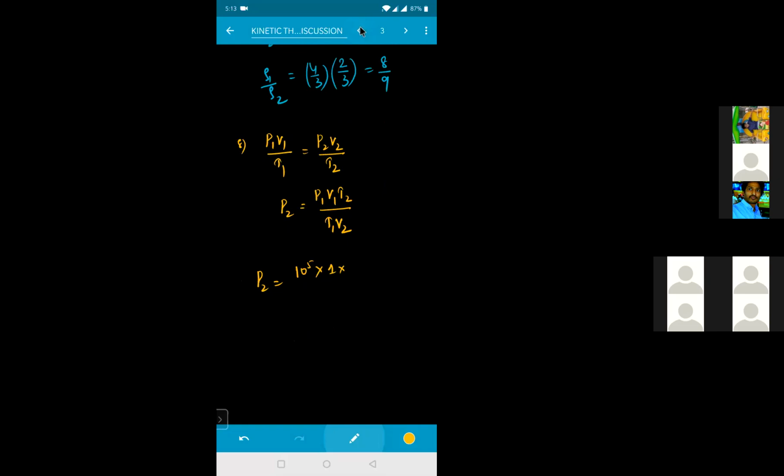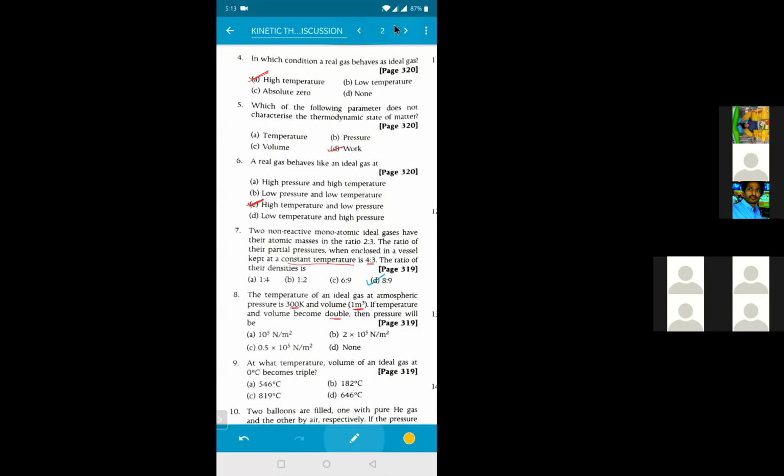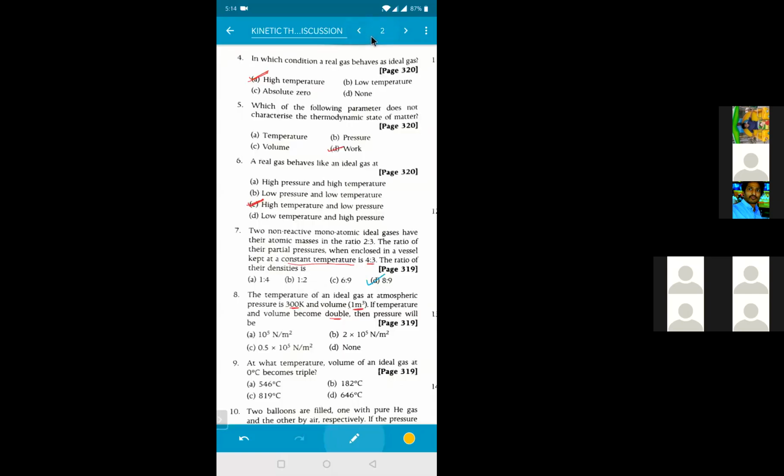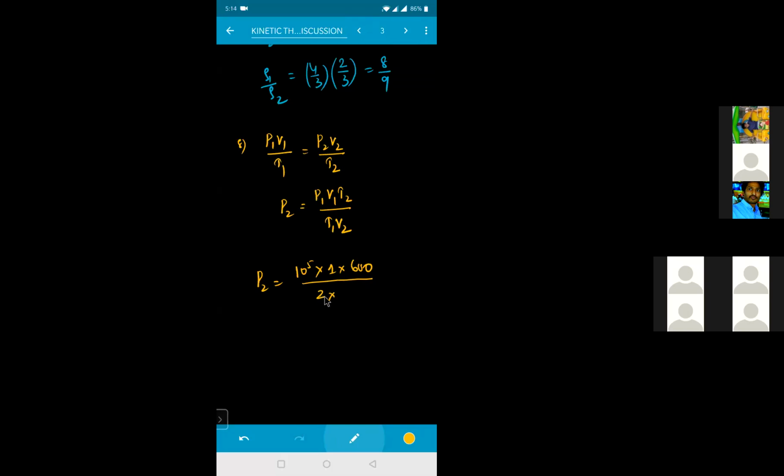Temperature is doubled from 300 Kelvin, so this will become 600, divided by T1, which is 300, and V2.